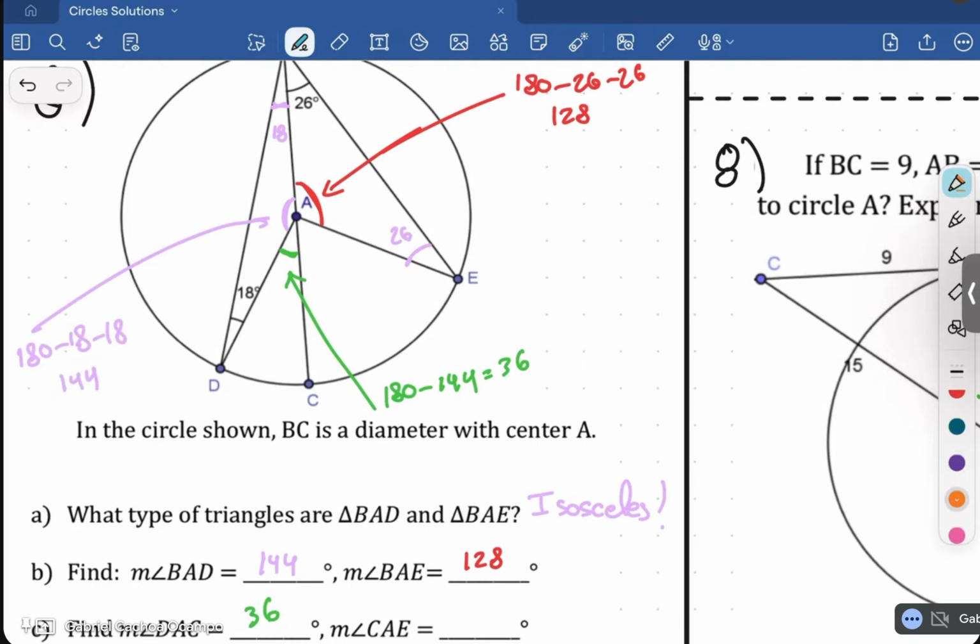Okay, and to find CAE, the same, observe that these two angles make a linear pair. So CAE is just 180 minus 128, which is 52.